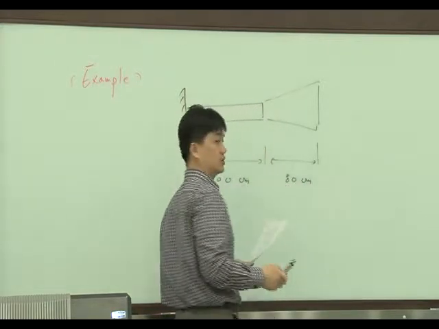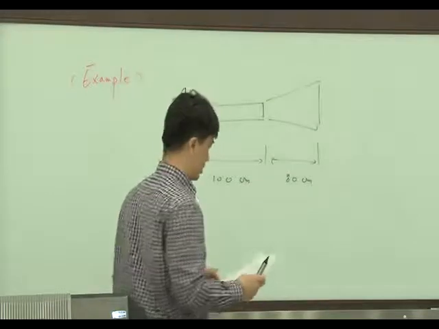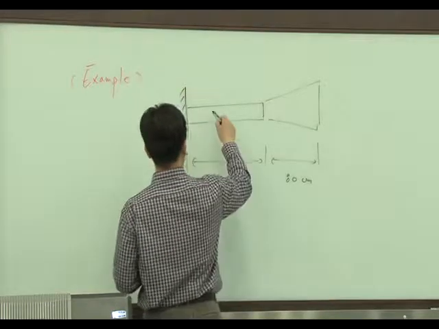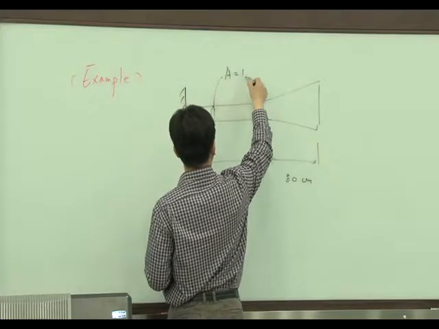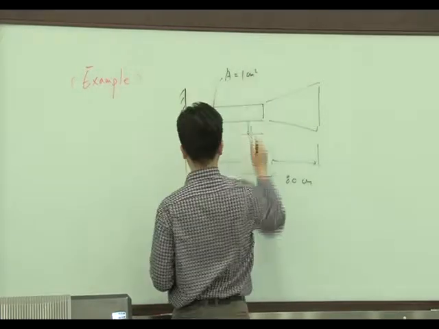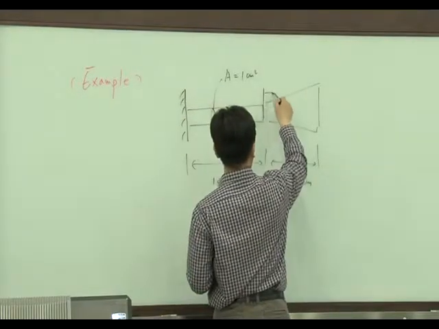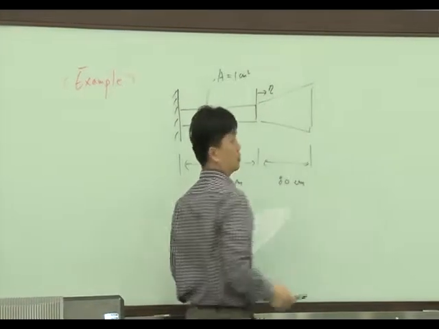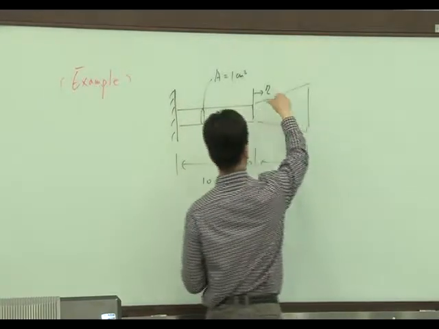The bar consists of two parts, a prismatic part and a bearing section part. The prismatic part has a constant area, 1 centimeter square, and the bearing section part has a changing section depending on the local coordinate.